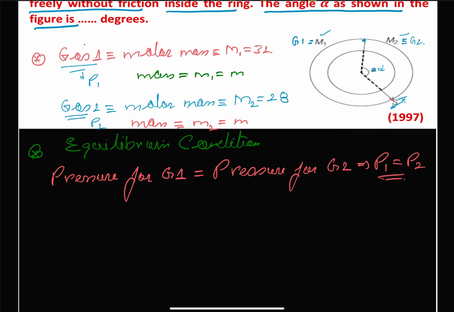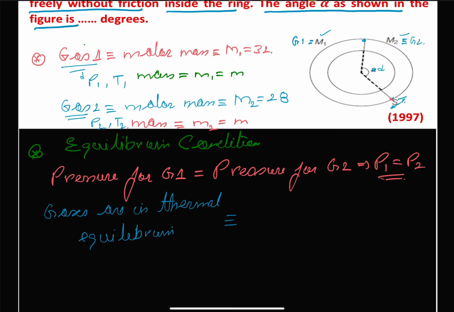And with respect to temperature, we can assume that the gases are in thermal equilibrium. Let us suppose the temperature of gas 1 is T1 and of gas 2 is T2.